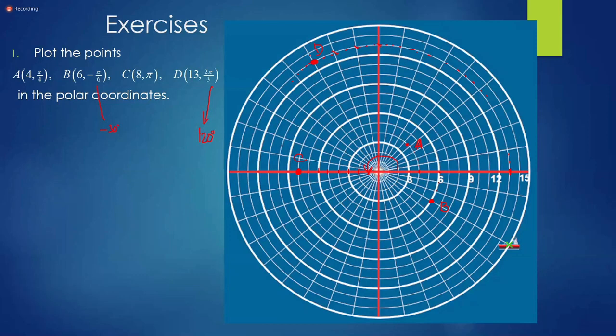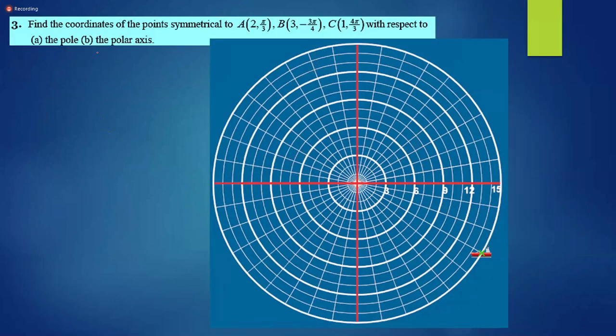Now, let's go on. The next one, symmetrical. Find the coordinates of the points symmetrical with respect to the pole and with respect to the polar axis. Remember that the polar axis goes in the positive x direction.